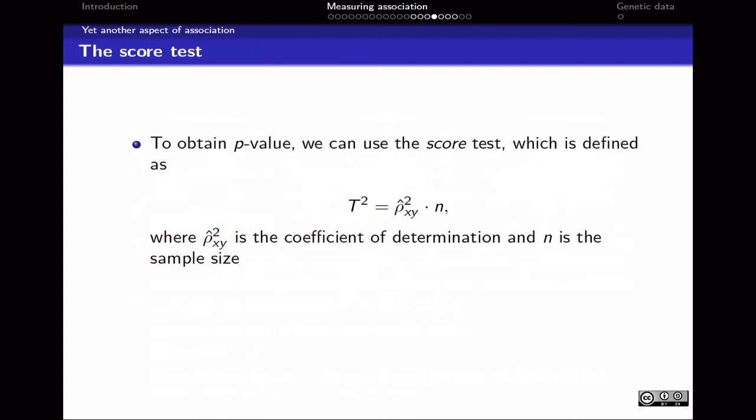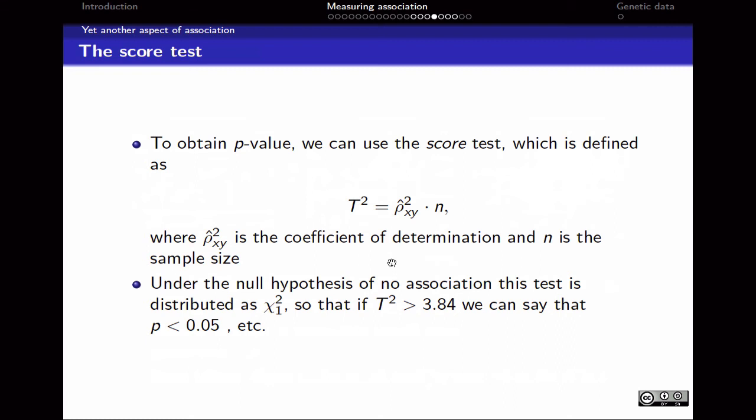To obtain the p-value, we can use the score test, and we will use it quite a bit later on. This score test is defined as, we will call it t-squared, the coefficient of determination. You remember this is the square of the correlation coefficient between x and y multiplied by the sample size n.